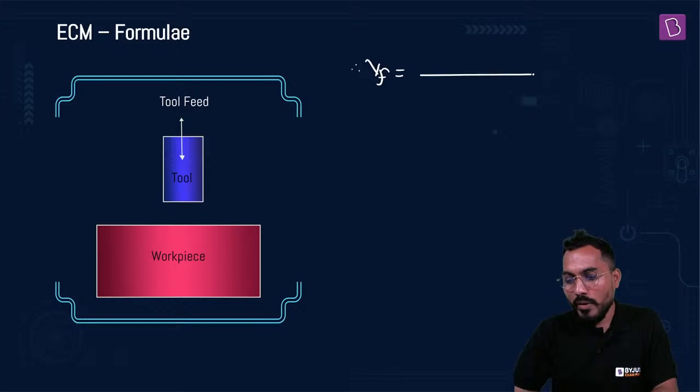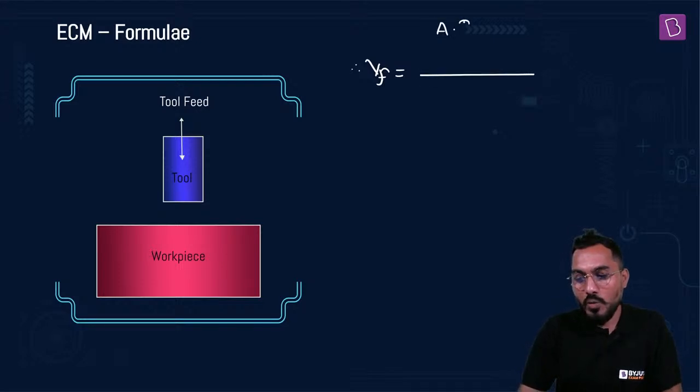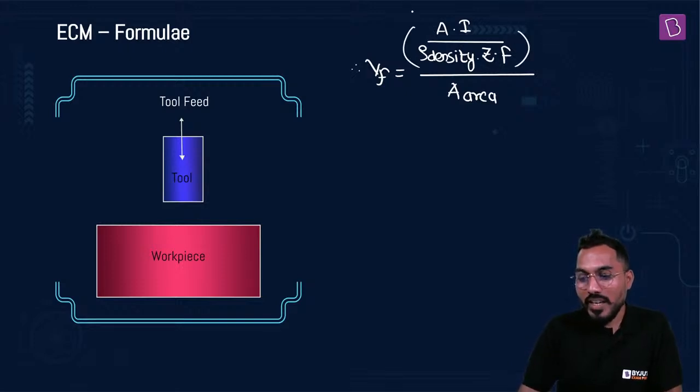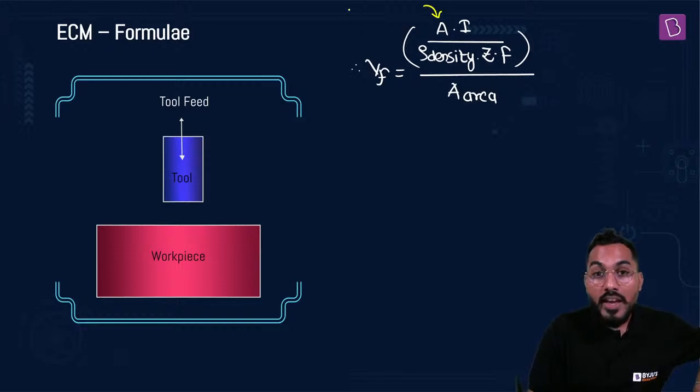जरा बताओ तो, volumetric MRR का formula A into I divided by rho, density, into Z into F, divided by area. Don't get confused between the definitions. Here A stands for, A क्या है भैया? बताओ दिल खोल के. What is A? A is gram atomic weight. What is I? Current in ampere.